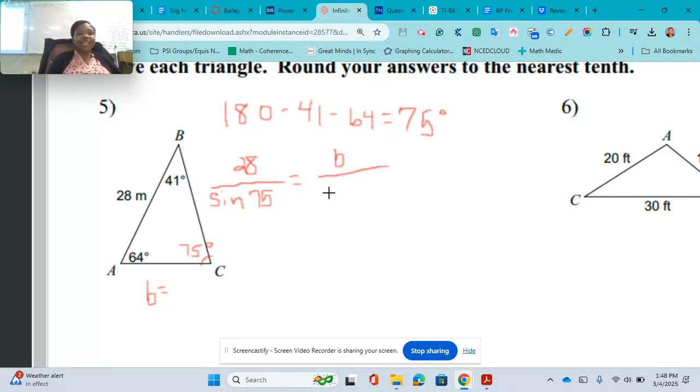B over the sine of 41. Excellent. We are able to cross multiply what? 28 times the sine of 41.